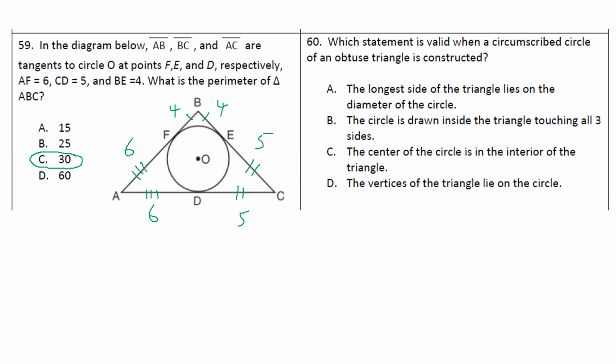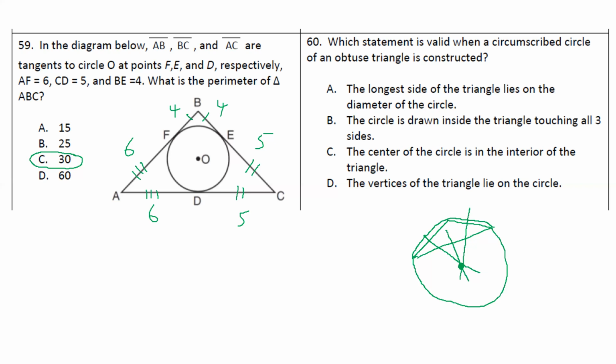So I'm going to draw an obtuse triangle real quick. And if we were finding a circumscribed circle, it'd be by drawing in our perpendicular bisectors. So I'm just making a sketch of them. I don't actually know where they are, but it'd be something like that. They meet at a common point. This would be the center of the circle, and the circle would have to go through the vertices. I know that's just a rough sketch and it looks horrible, but that's the idea.